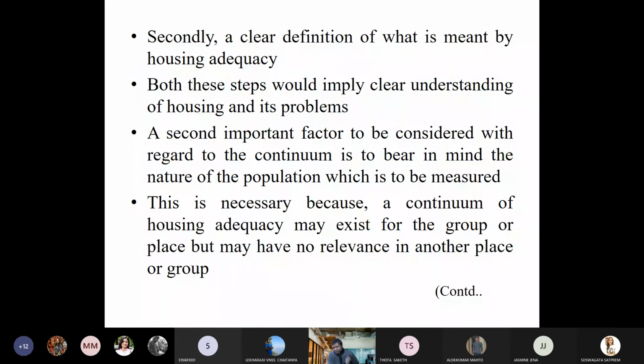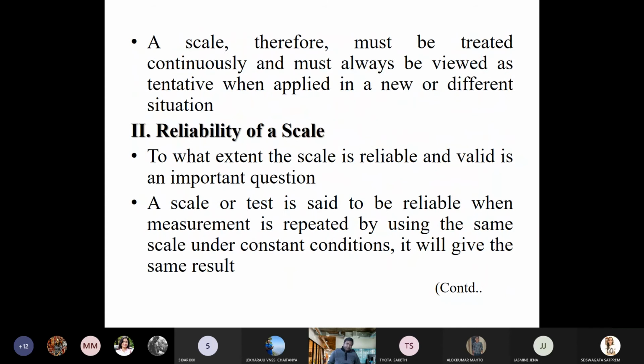If I am measuring in a particular group or space, it will be different from measuring the same at another place or group. So where I am measuring is very important. A scale must therefore be treated continuously and must always be viewed as tentative when applied in a new or different situation.